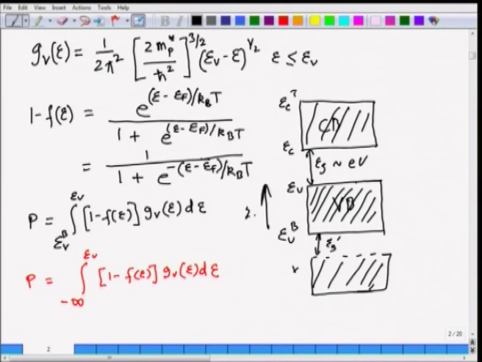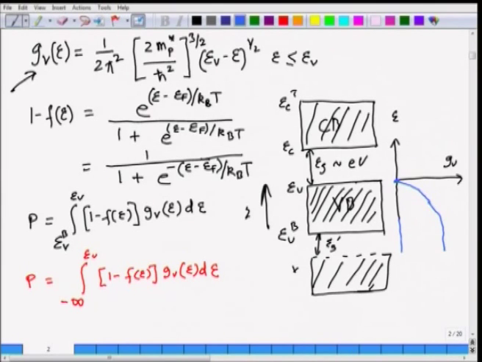If I do the same thing, let us plot GV on this axis, with energy of course increasing this way, and I take this expression and plot it right here. Then this goes as a square root of energy, up to EV. For E equal to EV, the density of states is 0, right here it is 0, and then as you go down in energy, this increases as the square root, exactly the same argument as given earlier.